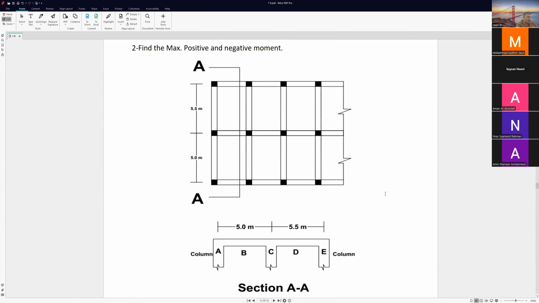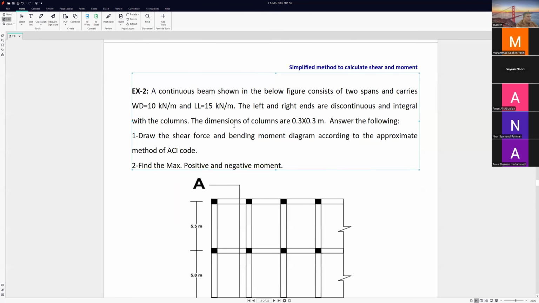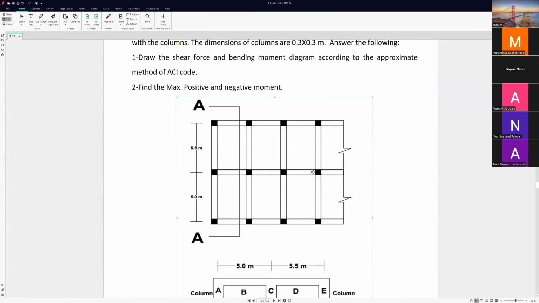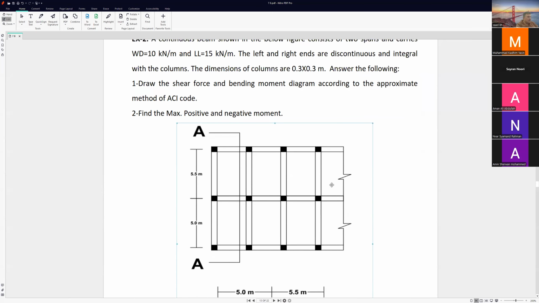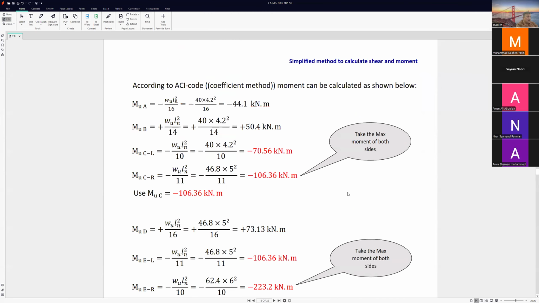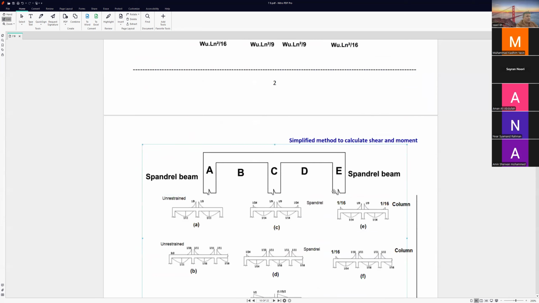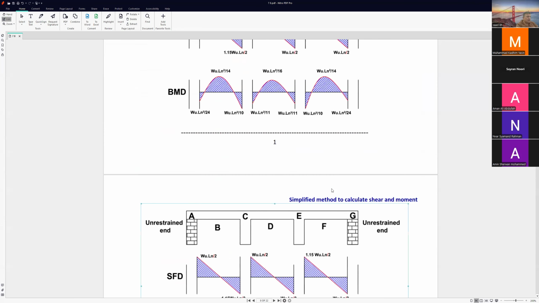I think Ms. Aysar already opened this one, and this continuous example, Ms. Aysar will continue with you tomorrow. Okay. I can say now, good luck. If you have any question, I can answer it. Please feel free if you have any question.